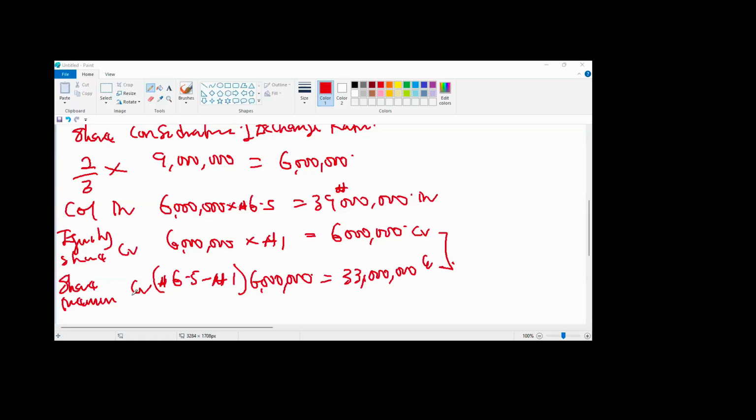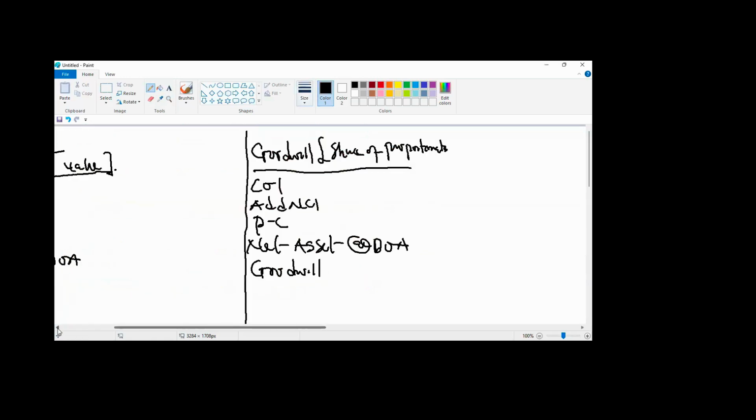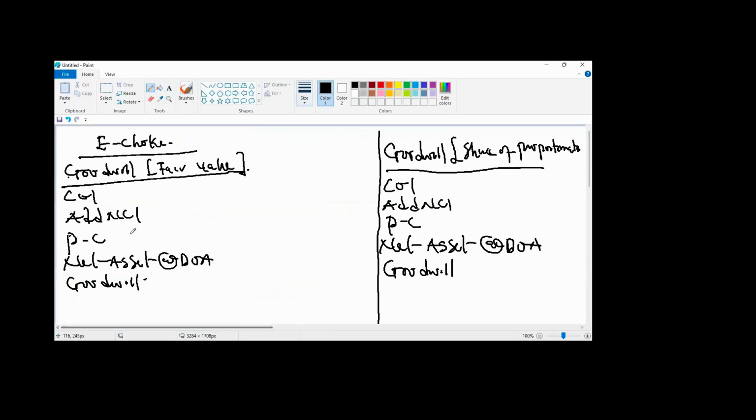You must give me the market price per share. So to add NCI, 3 million shares times 6 naira, because I'm seeing 6 naira for the subsidiary. So 18 million is the value of NCI when it is fair value. I'll quickly do that to get my mark.